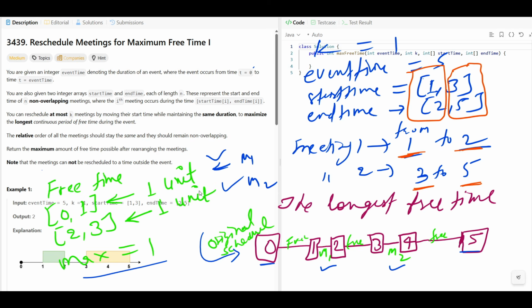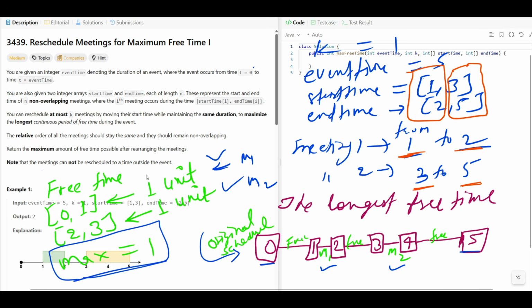So the maximum free time we can say is 1 unit, without shifting anything. Can we say that?